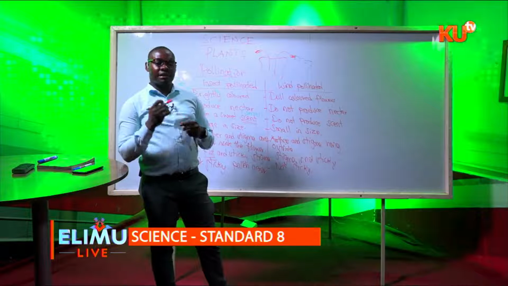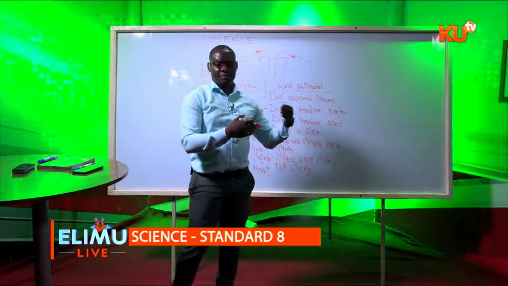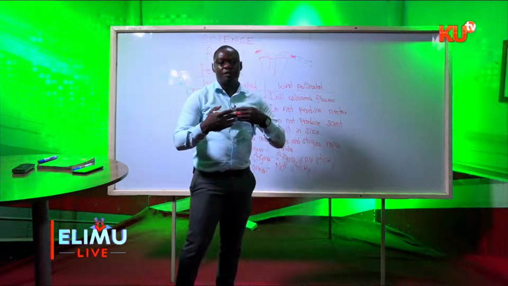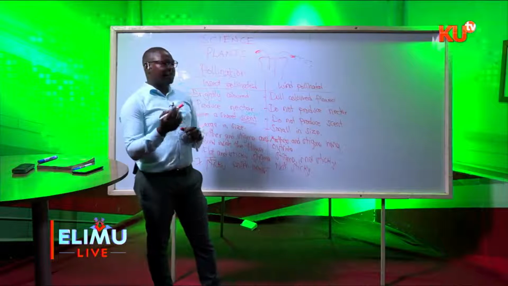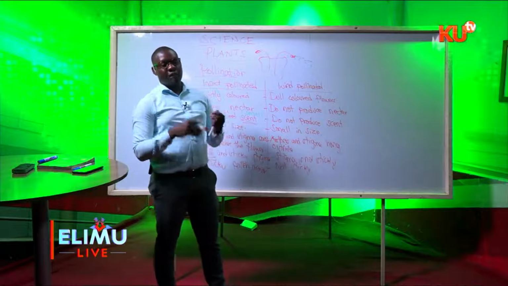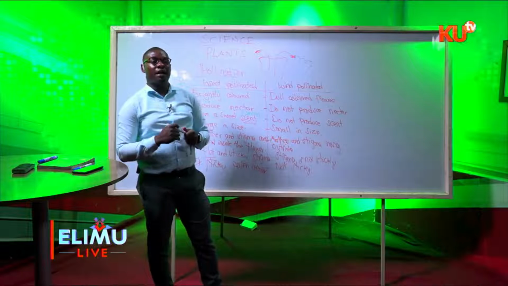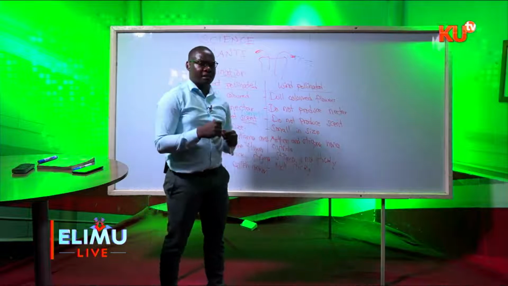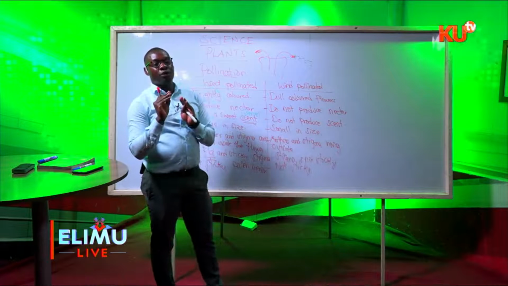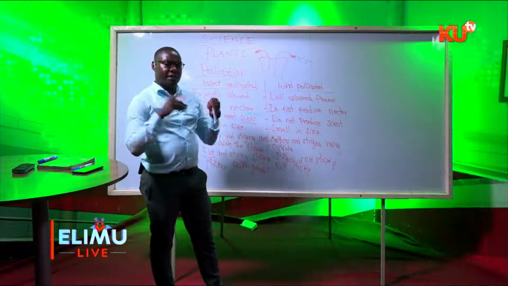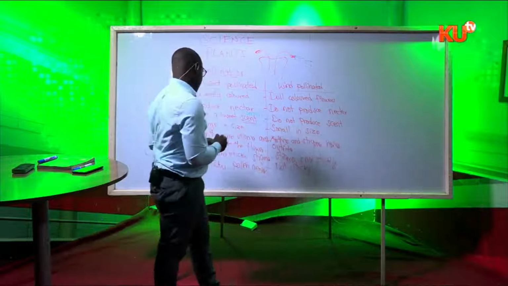Remember, the insect does not know that it is pollinating the flower. For the insect, it's looking for the nectar. So in the process of looking for the nectar, the anthers, which produce the pollen grains, are very sticky and they will stick to the body of the insect.